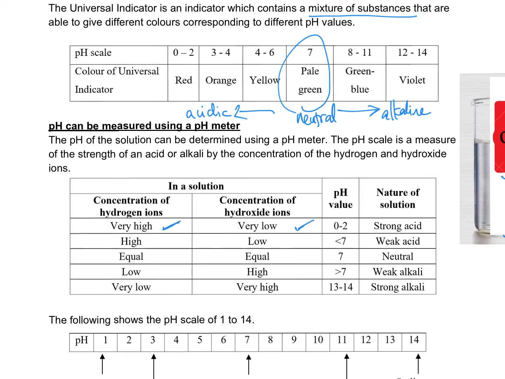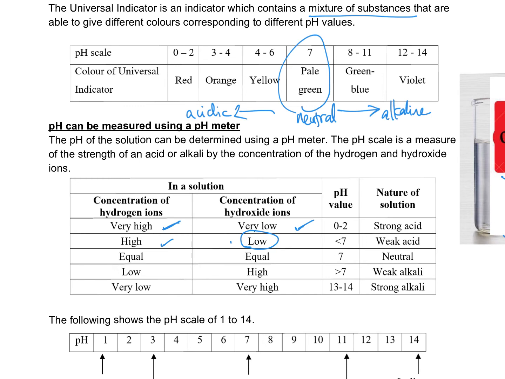As for weak acid, the pH value is still less than 7. It will have a high concentration of hydrogen ions, but this concentration is actually less than the strong acid. And for the hydroxide, it will have more hydroxide than the strong acid, but still considered low. There will be more hydrogen ions than hydroxide ions for acid.